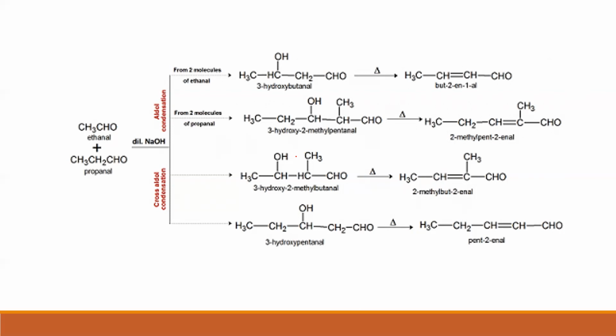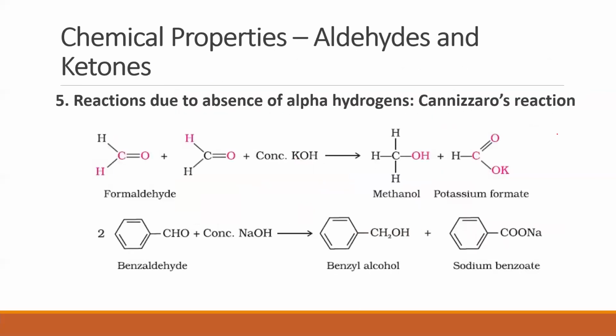Now we said if alpha hydrogens are present, then the reaction is called aldol. What if alpha hydrogens are absent in the presence of a base? The Cannizzaro reaction is what is seen.